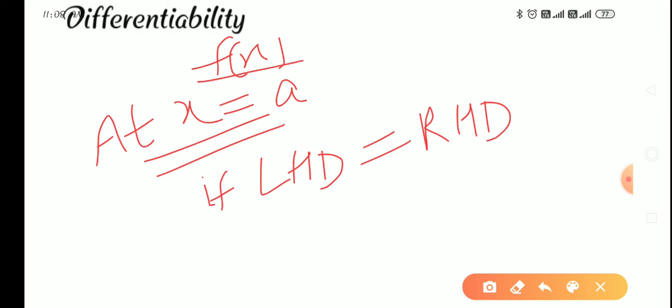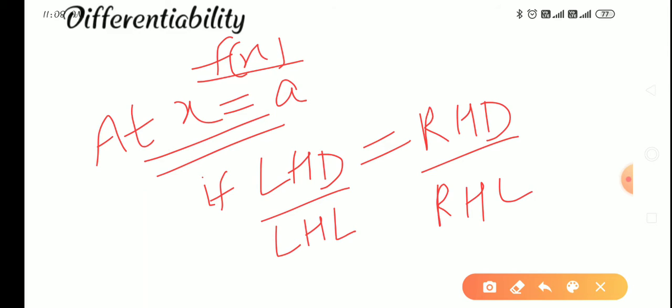What I told you, one more time I am telling you. What is LHD, what is RHD? First you listen. LHD means left hand derivative, RHD means right hand derivative. As in the case of continuity, LHL and RHL, you studied left hand limit and right hand limit.